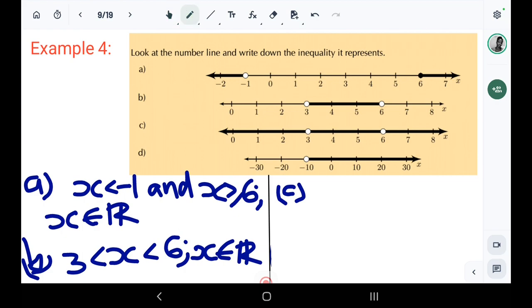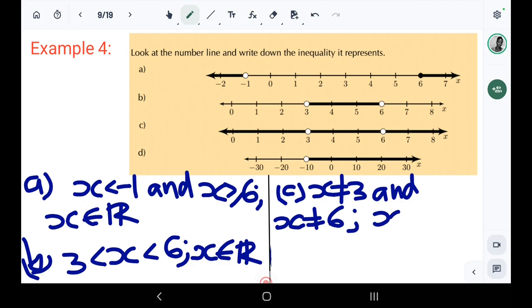So meaning that x is not equal to 3, and x is not equal to 6. But x is an element of real numbers because everything else, including your fractions and everything, is included.